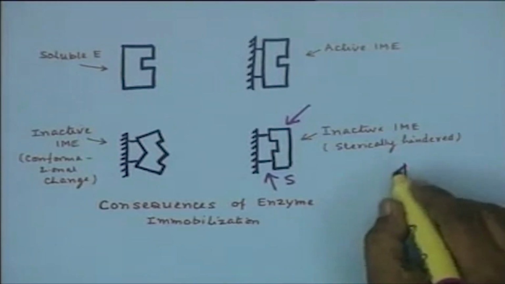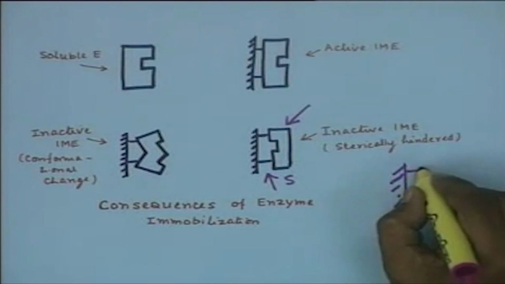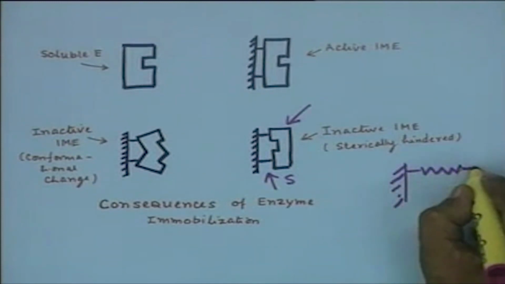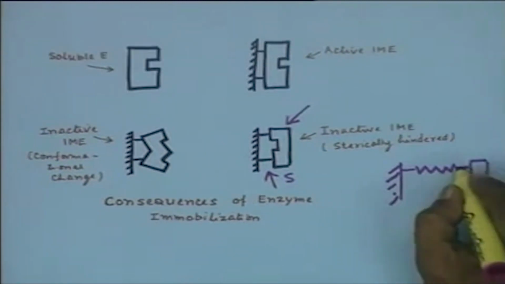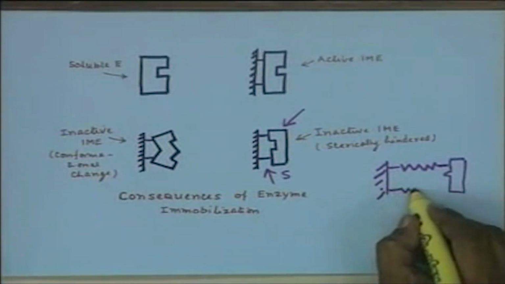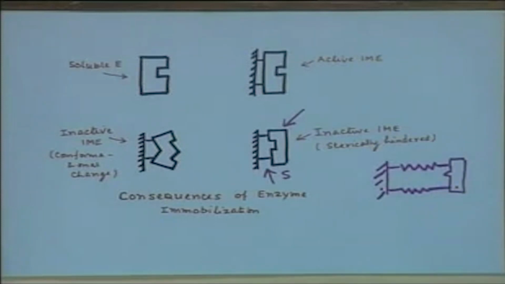For example, if you are going to immobilize this enzyme, you can introduce a hydrocarbon chain before it is coupled to the enzyme molecule. That means between the binding sites, a spacer arm, which is usually a hydrocarbon chain, can make the binding more flexible, and thereby the steric hindrances can be reduced.